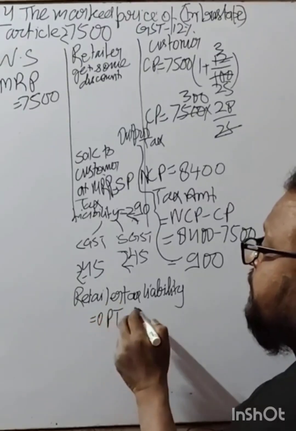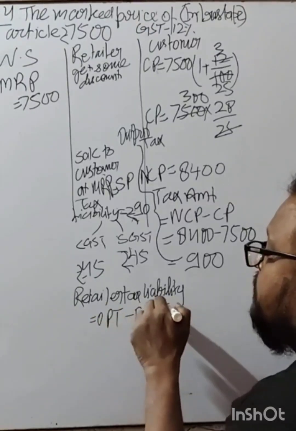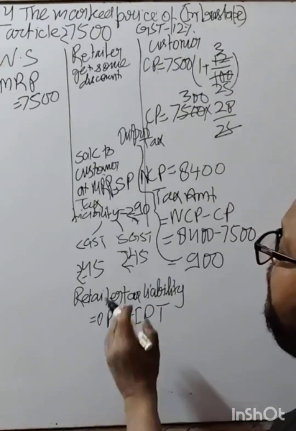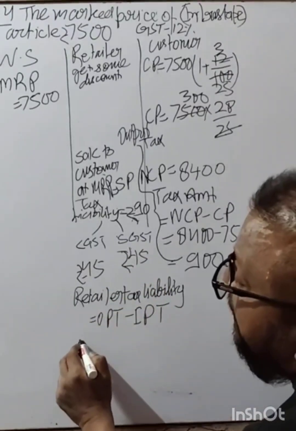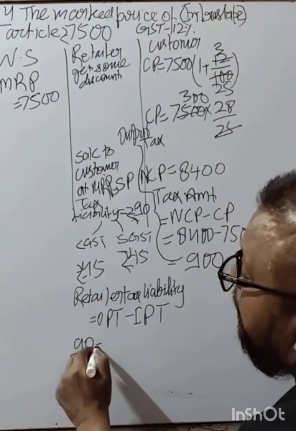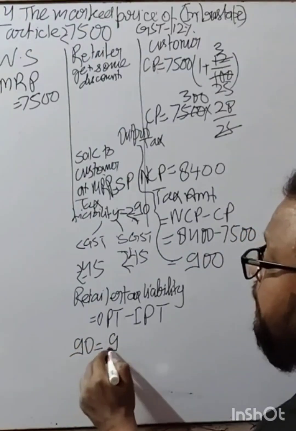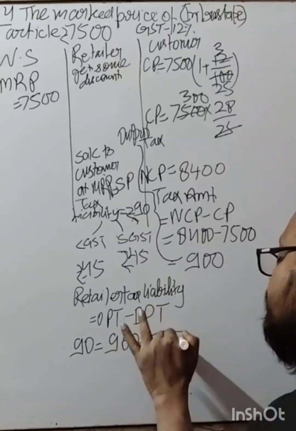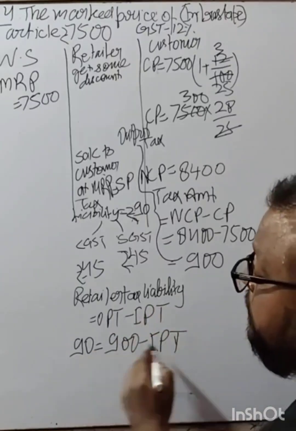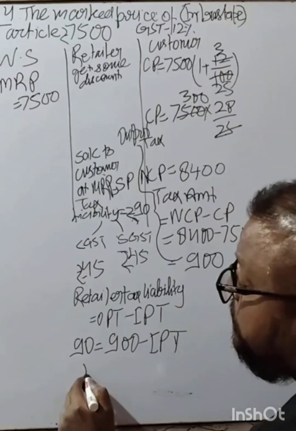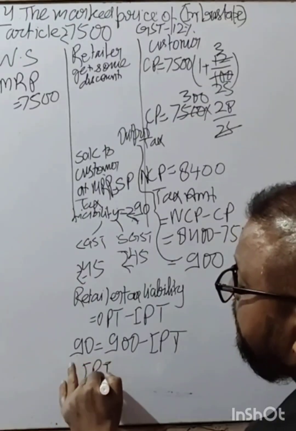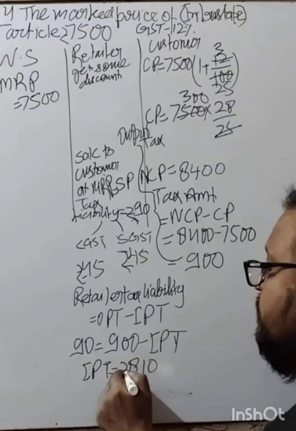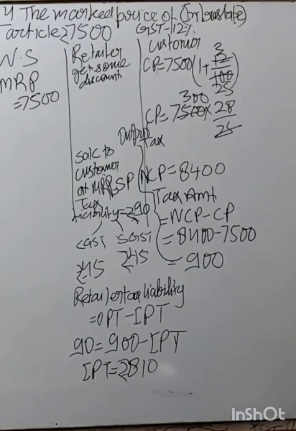Output tax is 900, minus input tax, which is 810 rupees, right?